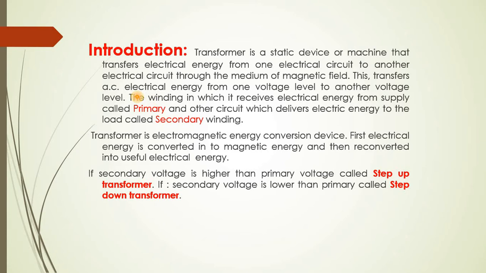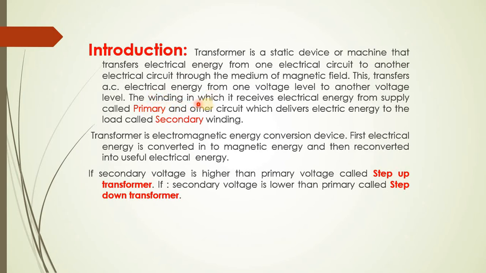It transfers AC electrical energy from one voltage level to another voltage level, as we saw in the previous slide, that is 11 kV to 400 kV, and again 400 kV to 33 kV or 11 kV. The change in voltage level is done by means of the transformer.